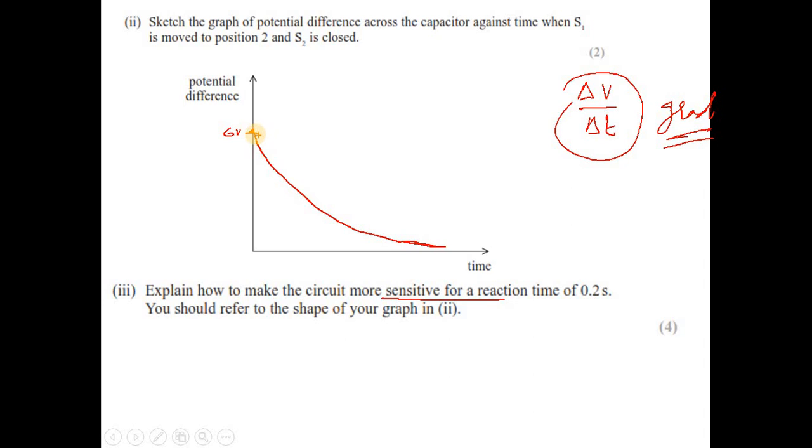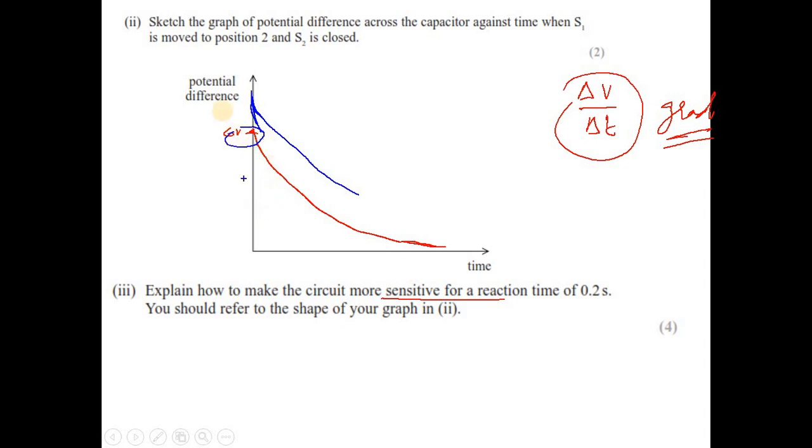If you increase your initial voltage, you don't need to mark here, that means your gradient will be higher than the initial value.